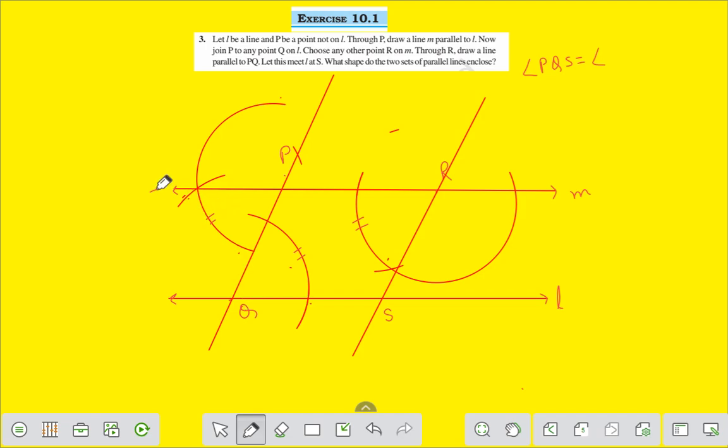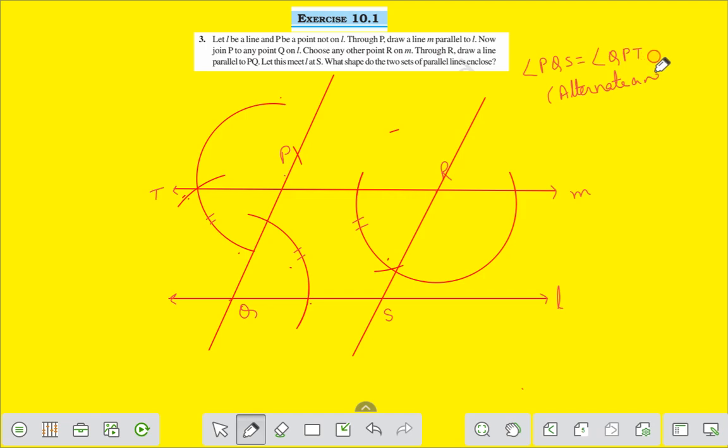You need the name here as T. PQS is equal to QPT. These are alternate angles, alternate angles.